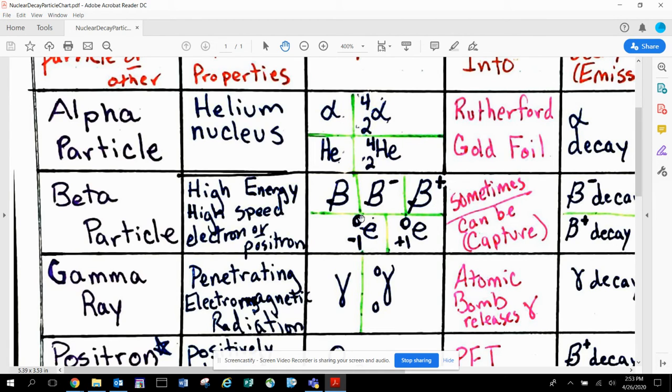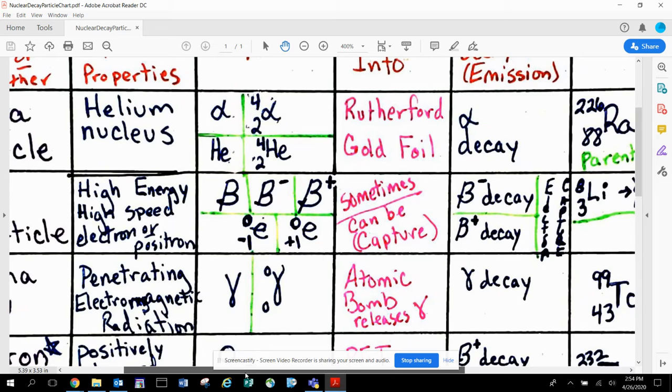The symbol for a beta negative, or a high energy, high speed electron, is here. We discussed this previously. The E with the -1, because it's not providing a positive charge, it's only providing negative charge. And a 0 because it's not in the nucleus, so 0 nucleons. A positron would be a positively charged electron, it has a positive charge.